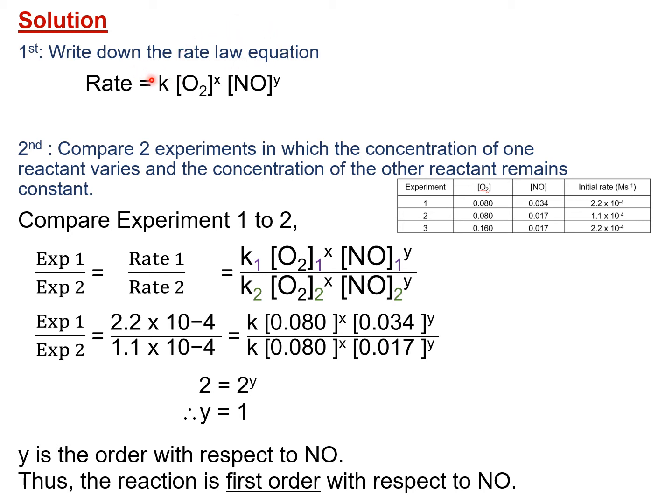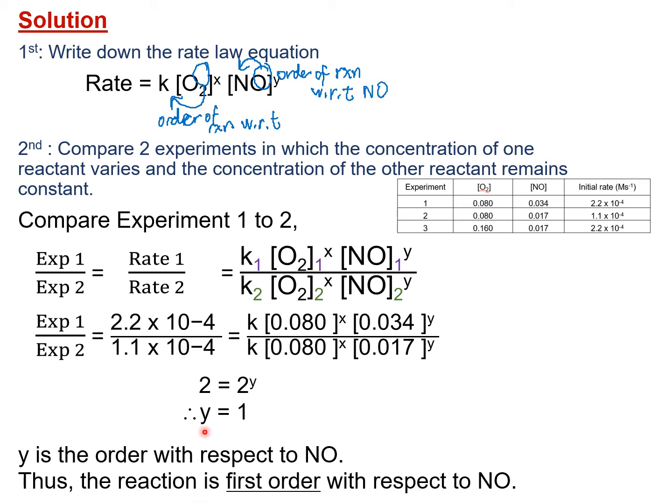So when you want to write down the rate law equation, it's going to be rate equals to rate constant kalikan dengan concentration of oxygen to the power of X, and concentration of nitrogen oxide to the power of Y. Sebab before this we know that X represents the order of reaction with respect to oxygen, while Y pula represents order of reaction with respect to nitrogen oxide.